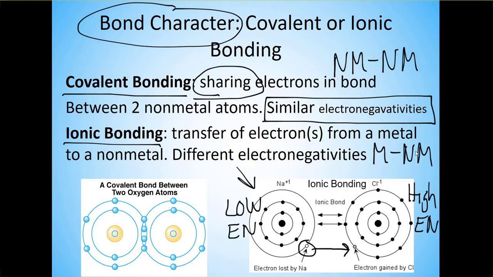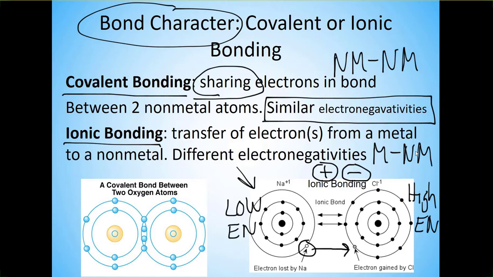This creates a negative anion and a positive cation. And what happens when you have opposite charges? They're going to attract. This positive with negative sticking together, that electrostatic attraction, is called an ionic bond.